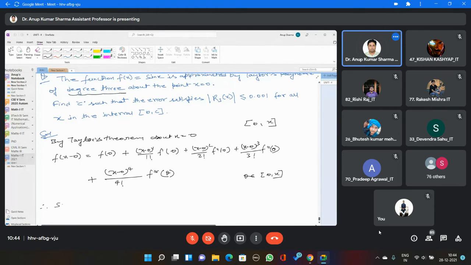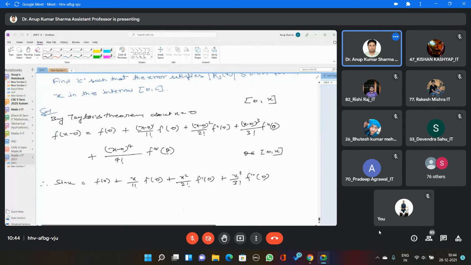So you write here sin x is equal to f(0), plus x upon factorial 1 f dash of 0, plus x square upon factorial 2 f double dash of 0, plus x cube upon factorial 3 f triple dash of 0, and plus this is x power 4 upon factorial 4 f fourth derivative of theta.